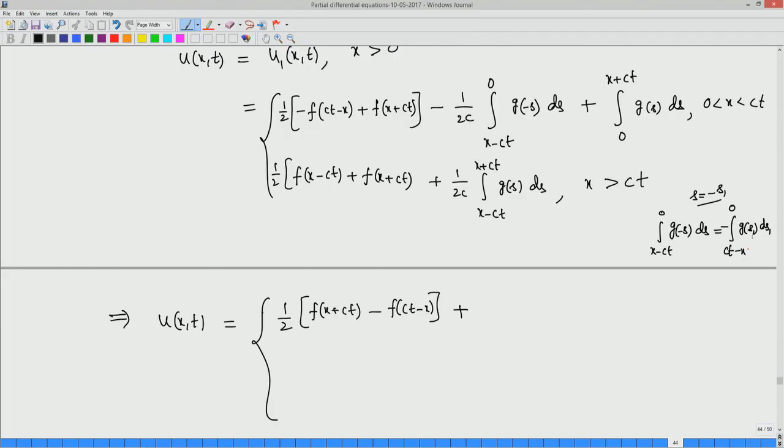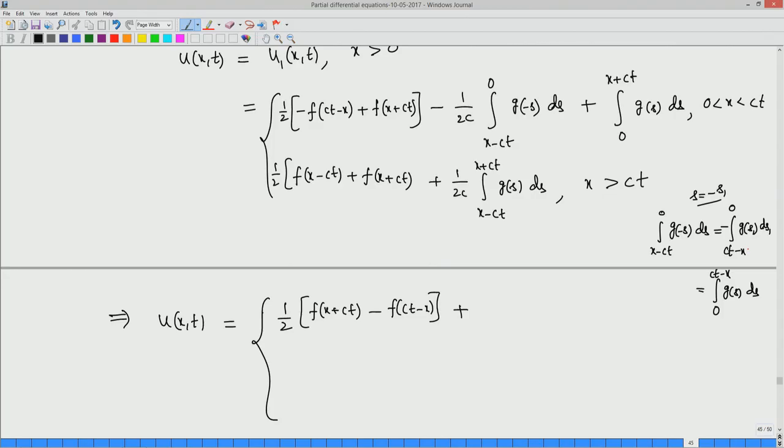Now again you change this dummy variable s1 to s, and what you have is simply 0 to Ct minus x, and 0 to x plus Ct, which is exactly equal to the integral from 0 to Ct minus x of g of s ds.